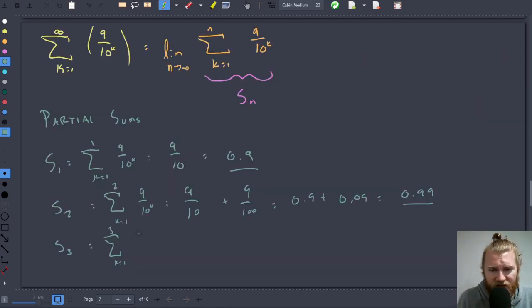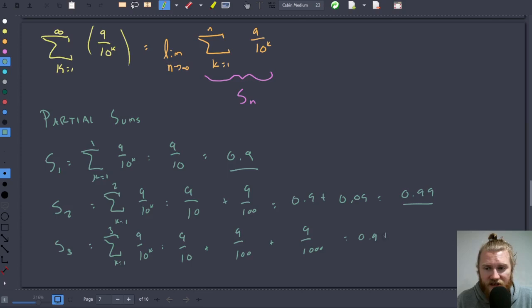And so here we've got 9 over 10 plus 9 over 100 plus 9 over 1,000, or if you want, you can write this as decimals, 0.9 plus 0.09 plus 0.009, which is 0.999. And you can see how this is going to go, right?